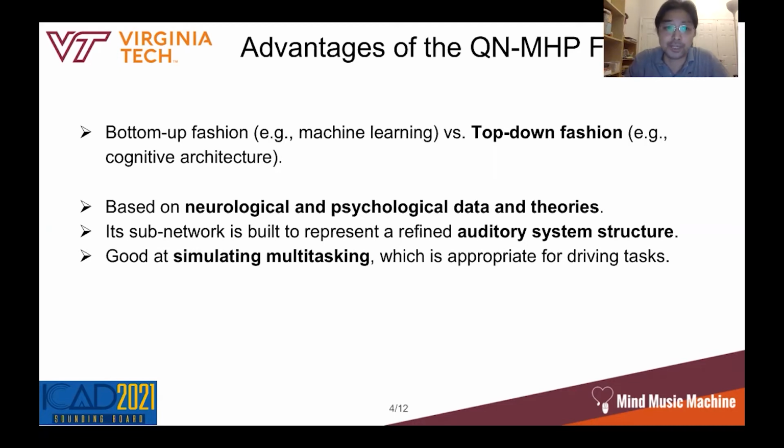So QN-MHP is based on neurological and psychological data and theories, and its subnetwork is built to represent a refined auditory system structure, as you see in the next slide. And this is also good at simulating multitasking, which is good for dynamic situations like driving. And all the case studies I'm going to present today are in driving domain.